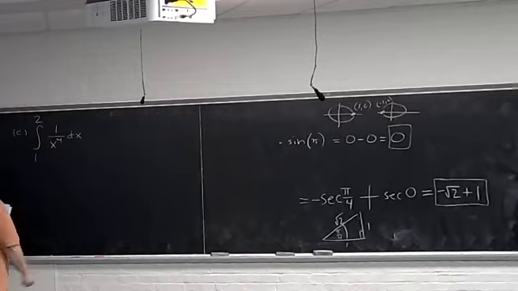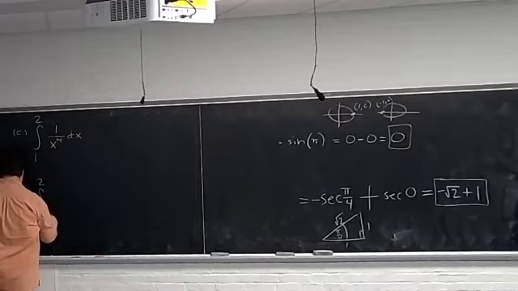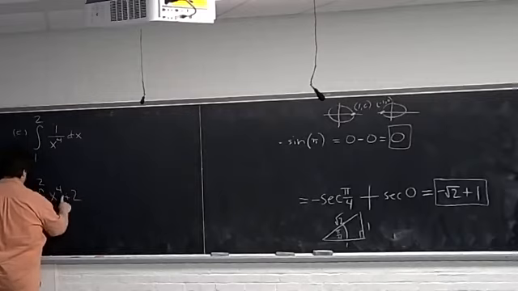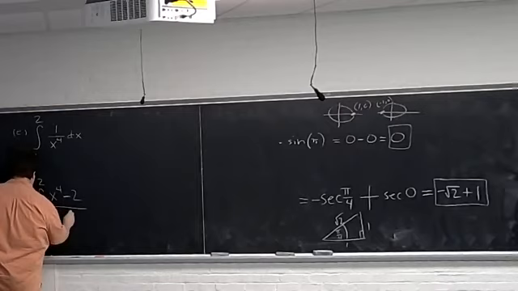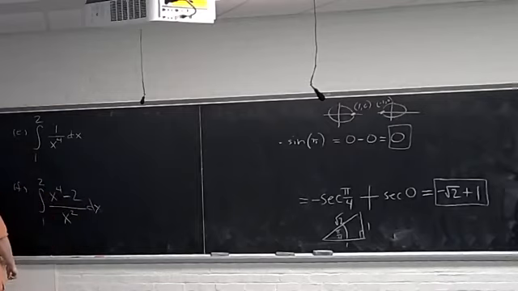Let's write part F: integral from 1 to 2, with a minus. Let's do these two. So first, we have an integral from 1 to 2 of 1 over x to the 4th.